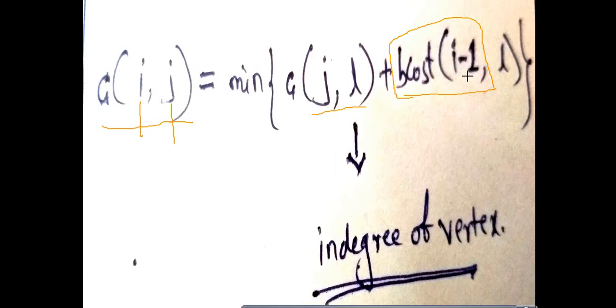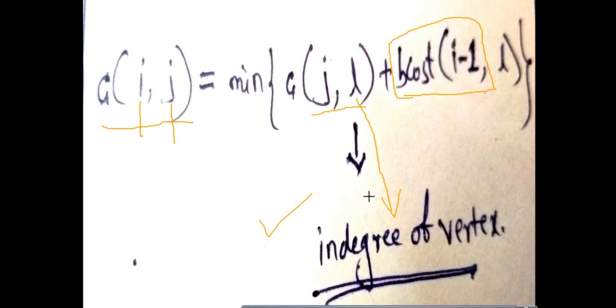Another point is l. What do we mean by l here? l is the in-degree of the vertex. j is the vertex name, but we have to consider the in-degree vertex of the corresponding vertex.